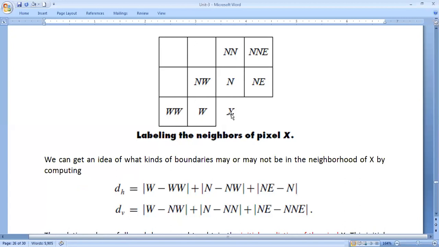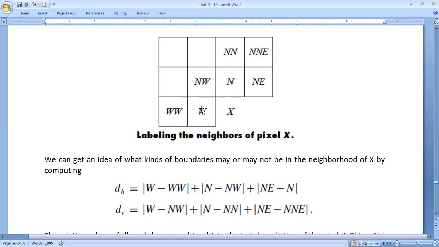The DH value will be the mod value of west minus west-west, plus the mod value of north minus northwest, plus the mod value of northeast minus north. That is, |W minus WW| plus |N minus NW| plus |NE minus N|.